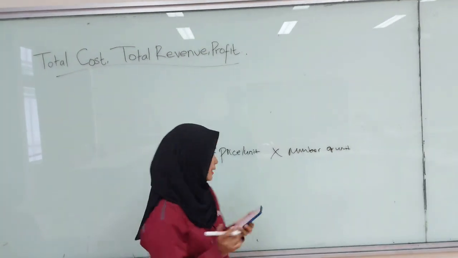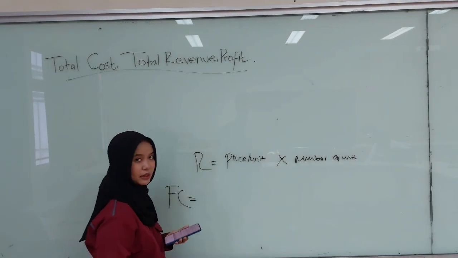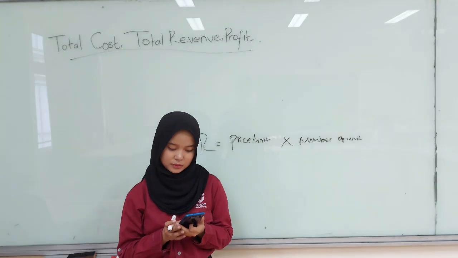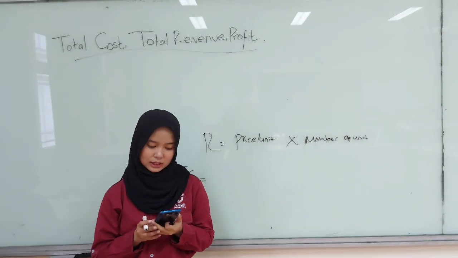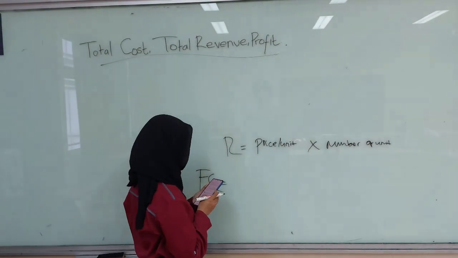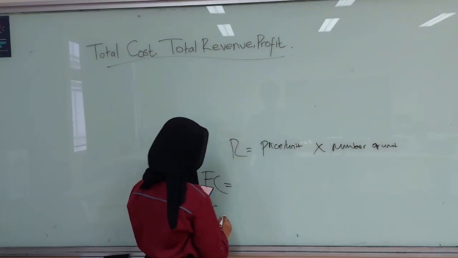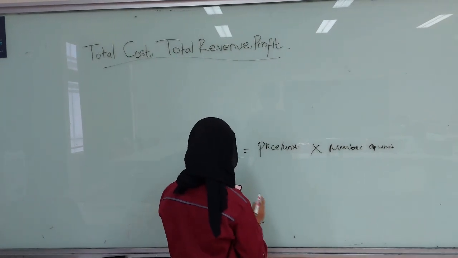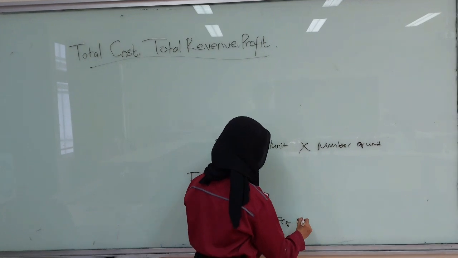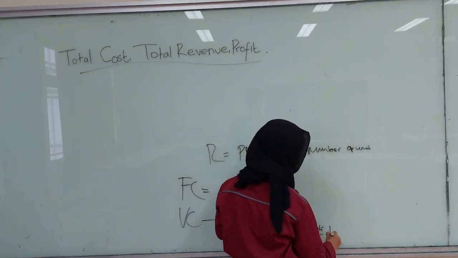Fixed cost, which is FC, such as depreciation, rent, utilities, and so on, remains constant regardless of the number of units produced. And for VC, or variable cost, those are directly related to the number of units produced.